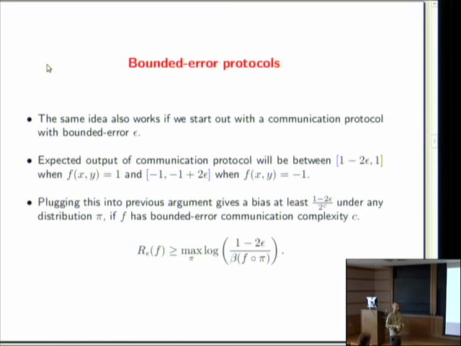So it doesn't matter that I've done it asymmetrically here. You could also define the communication complexity where again you take the XOR. It doesn't always send 1, right?